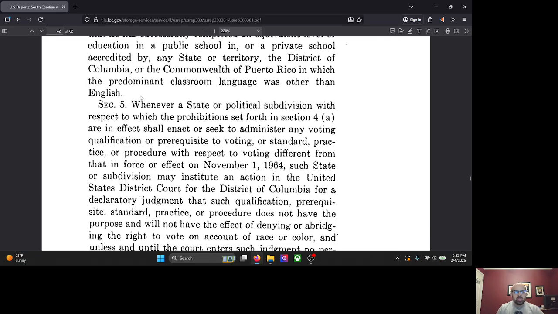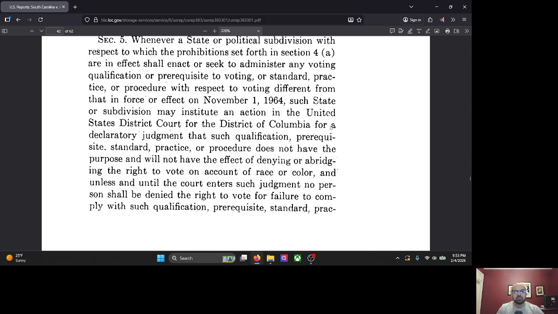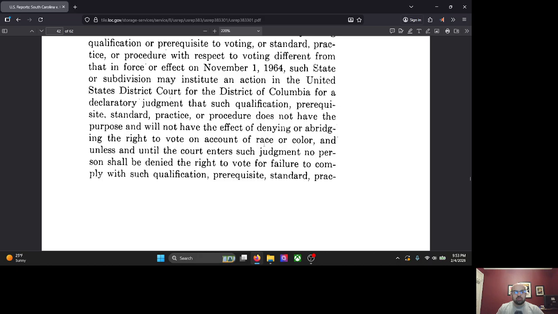Section 5. Whenever a state or political subdivision with respect to which the prohibitions set forth in Section 4(a) are in effect shall enact or seek to administer any voting qualification or prerequisite to voting or standard, practice, or procedure with respect to voting different from that in force or in effect on November 1st, 1964, such state or subdivision may institute an action in the United States District Court for the District of Columbia for a declaratory judgment that such qualification, prerequisite, standard, practice, or procedure does not have the purpose and will not have the effect of denying or abridging the right to vote on account of race or color.